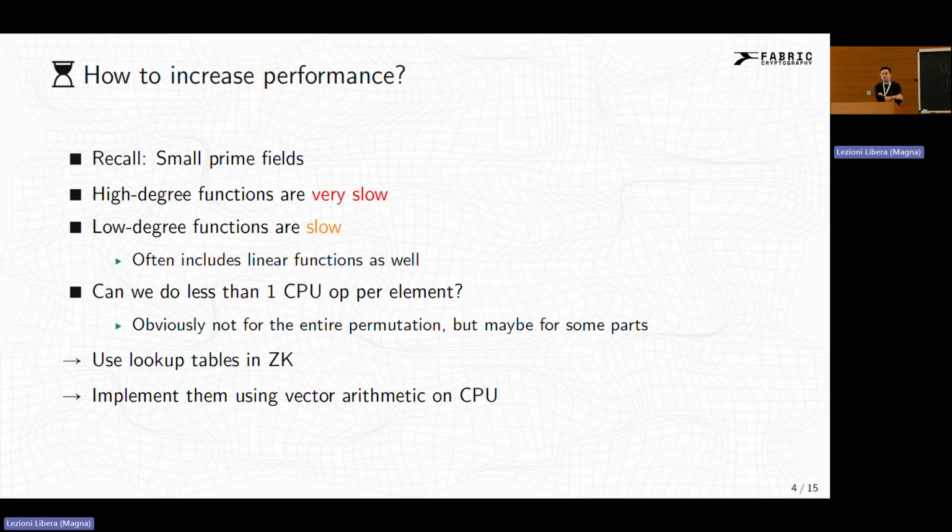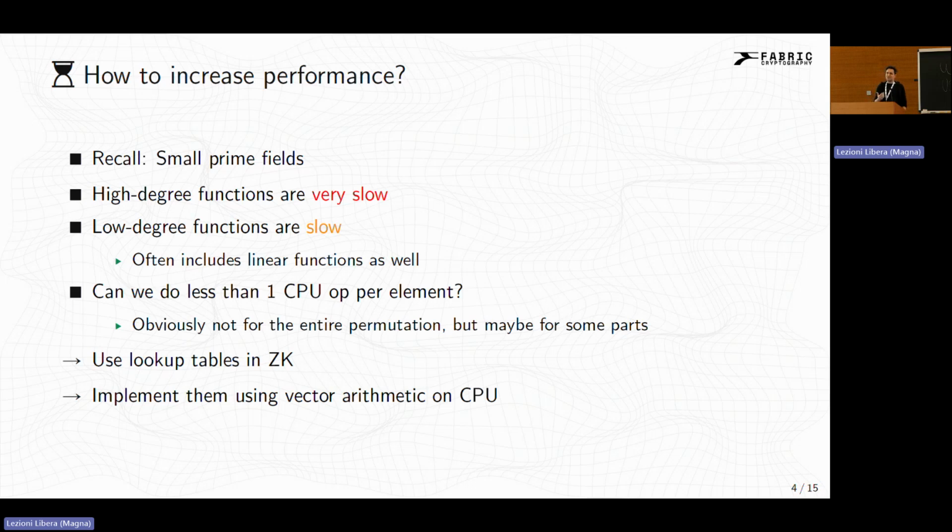Recall we're working with small primes, so we focus only on those. And we know that, this is true for the native performance, but it's also true for the proving systems, that if we have components of high degrees, like x to the power of 2 to the power of 50 or something, then this is quite slow. We need a lot of multiplications in the native implementation, but we also have the problem in the circuit that we have to prove this, and this is quite expensive.